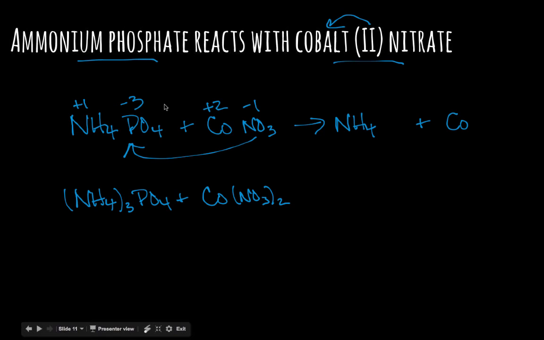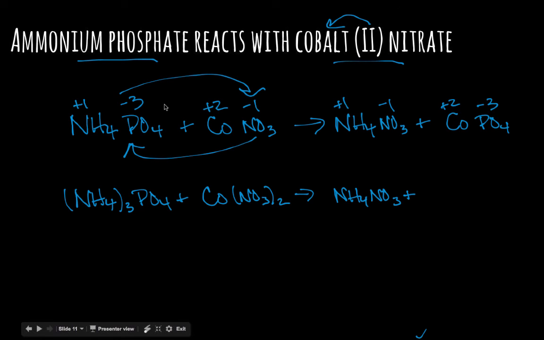And then I'm going to switch out my second part. So now the NH4 is a plus 1, combines with NO3, which is a minus 1. So I have NH4NO3 is my first product. Cobalt's still a plus 2. Now it's combining with phosphate, which is minus 3.